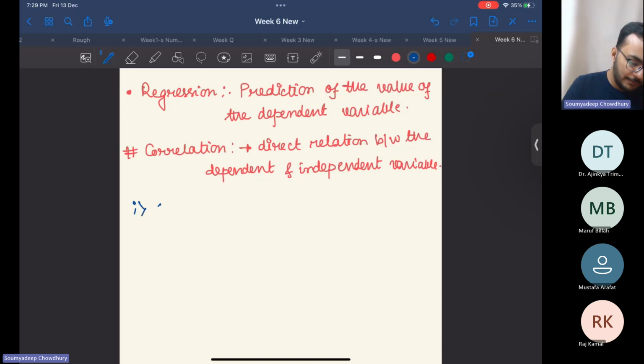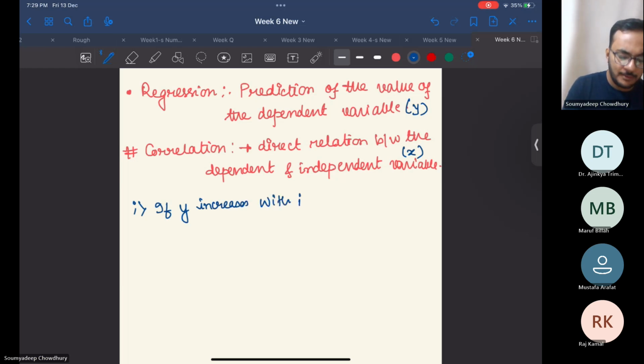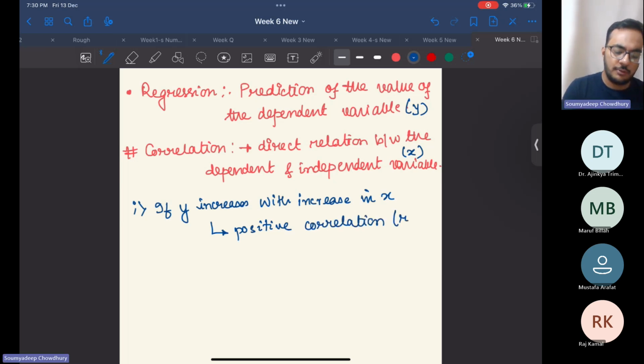Now, in a correlation between two variables, two things can happen. Here the dependent variable is y and the independent variable is x. If your y increases with increase in x, it is called positive correlation. That is, your correlation coefficient will be greater than 1.